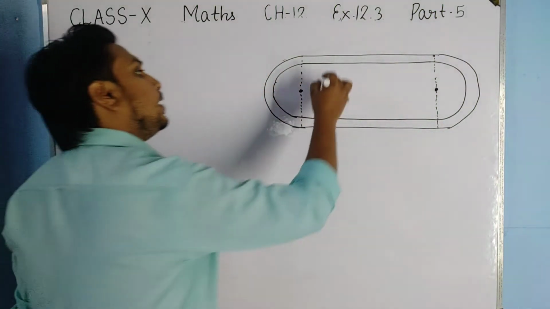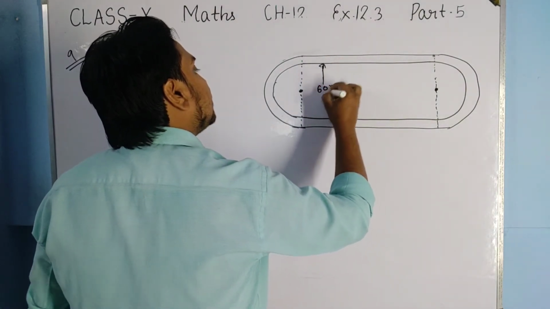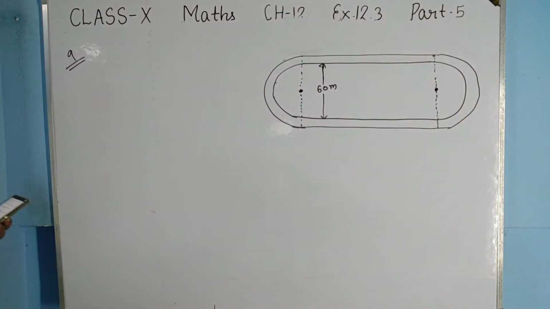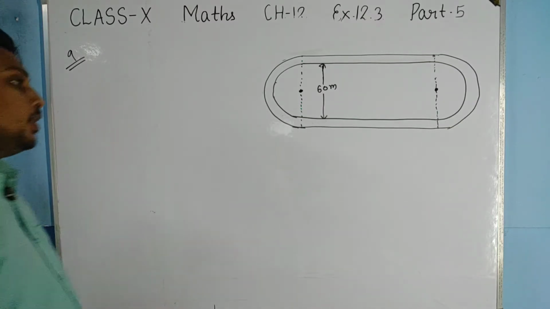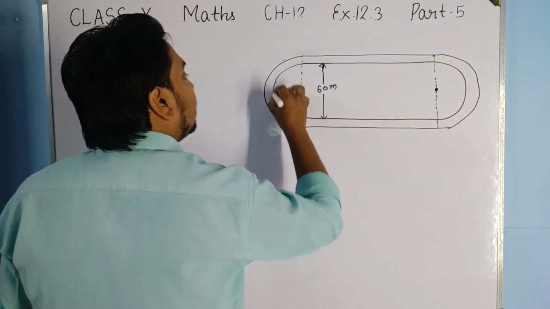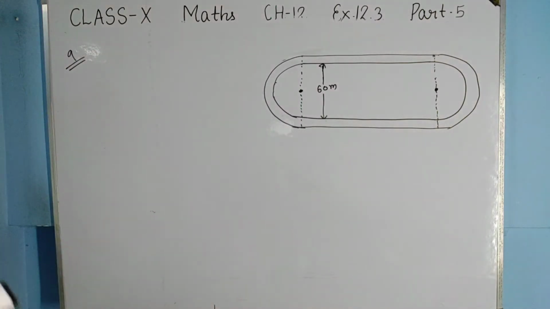Then it is said that the distance between the parallel lines is 60 meter. Inner parallel lines, and they are each 106 meter long. Means the inner line is what? 106 meter long.